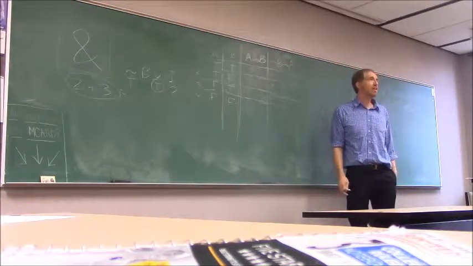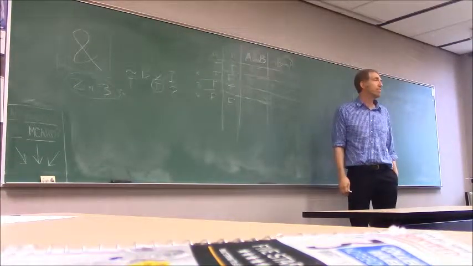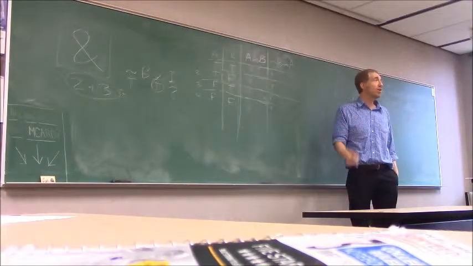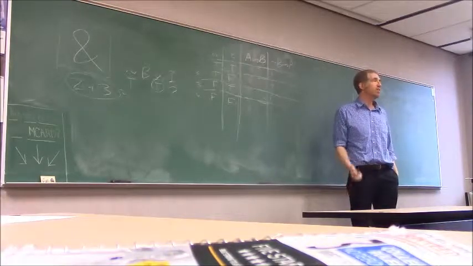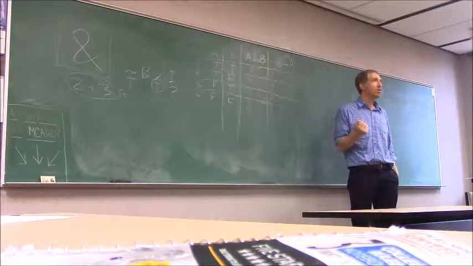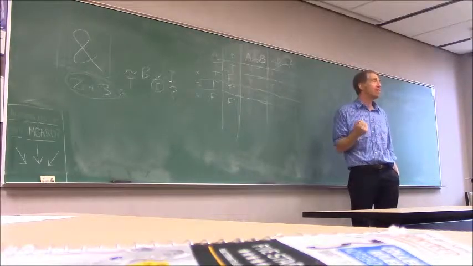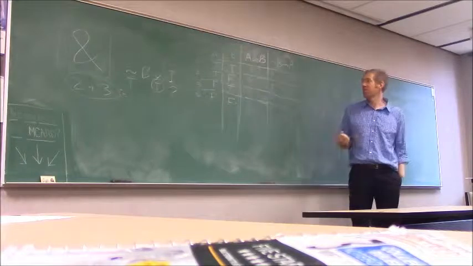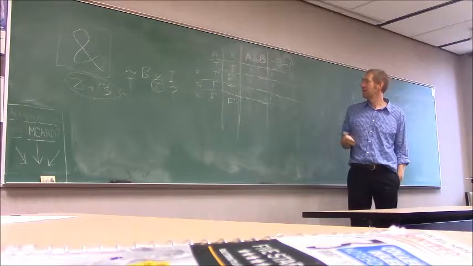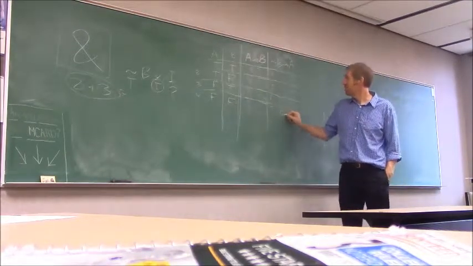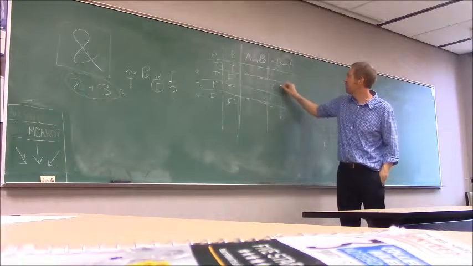How many times is a conditional false? Just once. What is the only time a conditional is false? When the antecedent is? See, this sunk in. When the antecedent is true and the consequent is false. What line is that? Number 4. So, this is the truth table for unless.